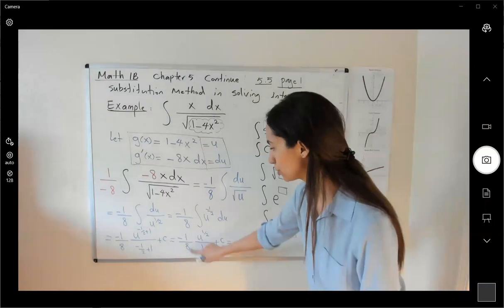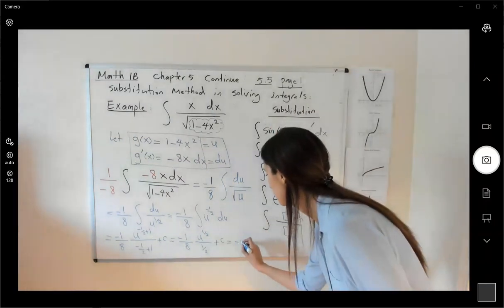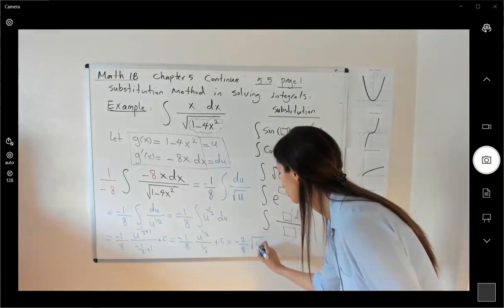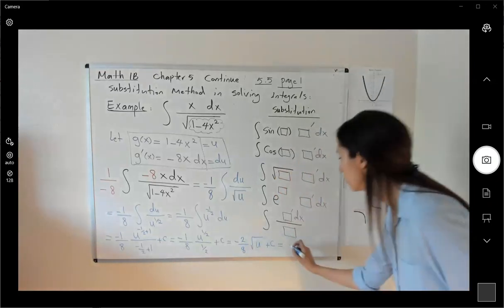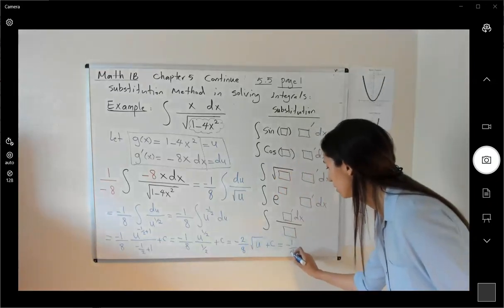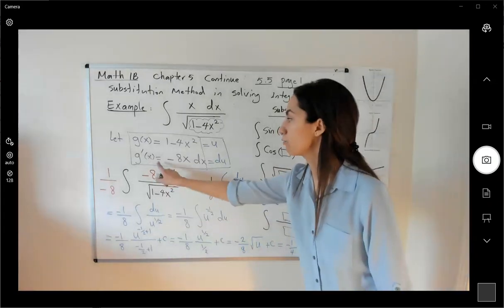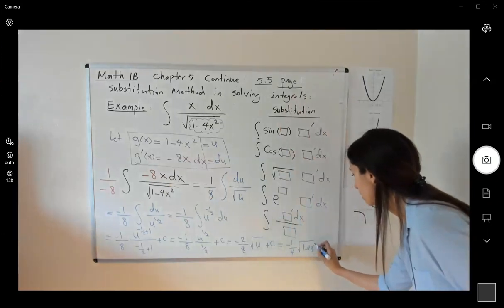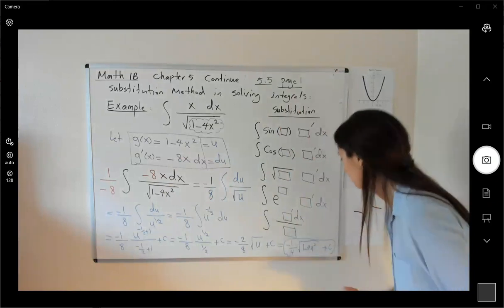You can flip to write it next to u to a half, so you get negative 2 over 8 square root of u plus c, which is equal to negative 4 square root of, what was u? U was 1 minus 4x squared, so negative 1 over 4 square root of 1 minus 4x squared plus constant of integration.